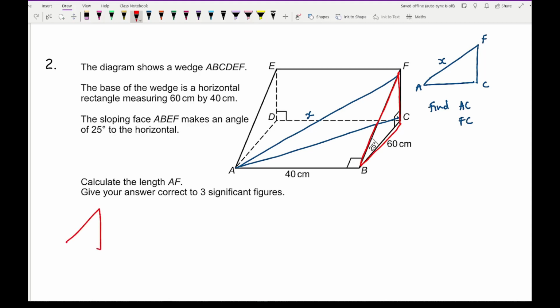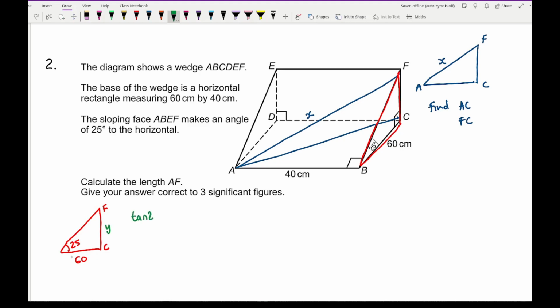Looking at this triangle here, I've got F to C, this is 25 and this is 60. Labeling the triangle, let's call this a different letter so I don't get confused. Let's call it Y. Here I'm going to use tan again.